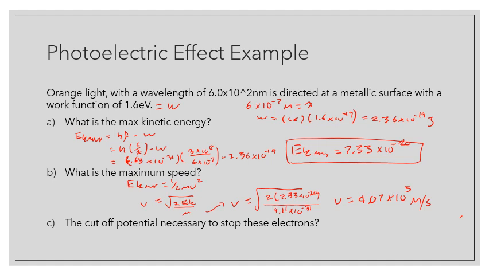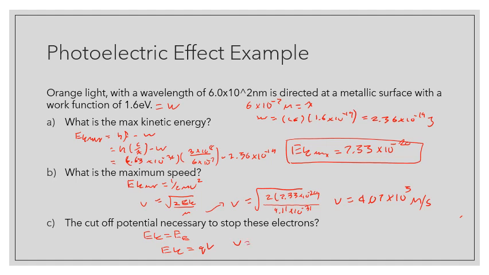So the cutoff potential necessary to stop these electrons, so let's make Ek equal to electric energy. So Ek is equal to QV, so charge times voltage. So the cutoff potential, that's the voltage.